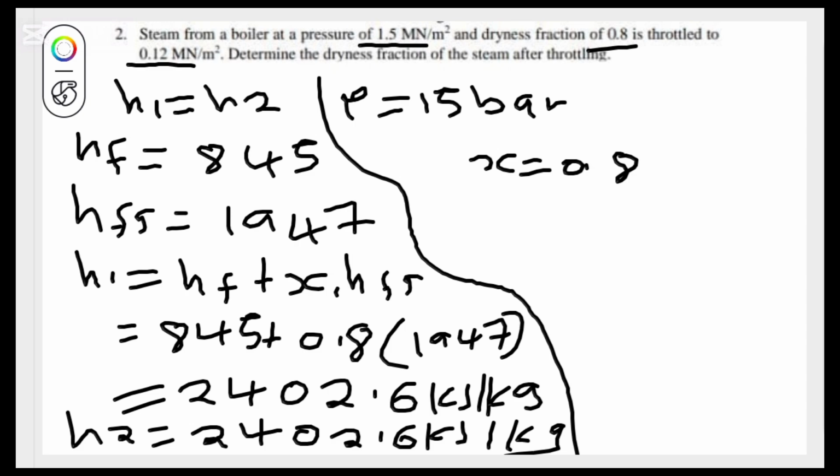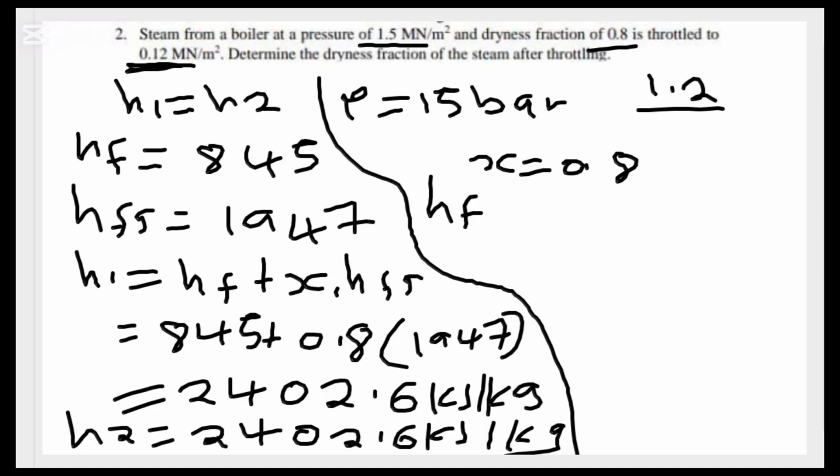I'm going to find my h_f and h_fg at 1.2 bar, because this 0.12 bar, after converting it, will become 1.2 bar. So I'll check my steam table under 1.2 bar for h_f and h_fg.